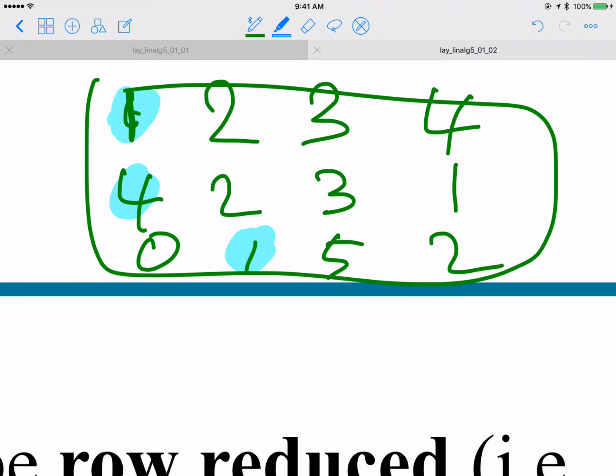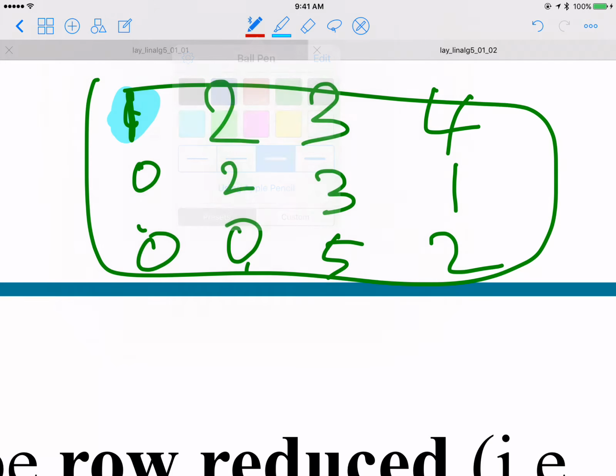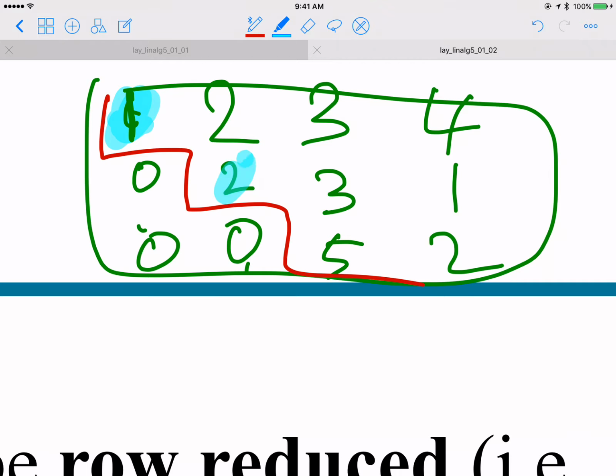But if we convert this matrix into echelon form, for example, 0, 2, 0, this has the staircase shape. In this case, the leading entries are this one, this one, and this one. But those leading entries in the echelon form are actually called pivots.